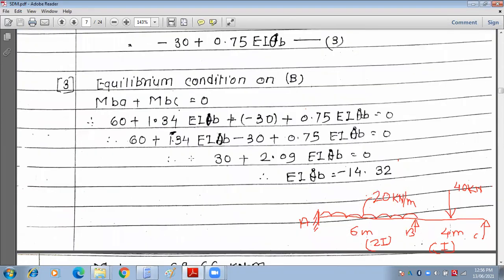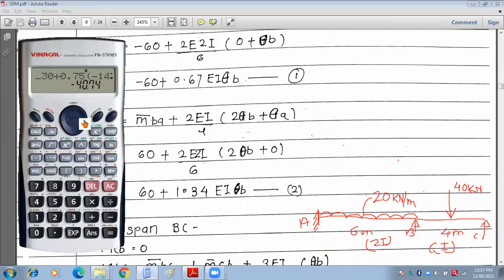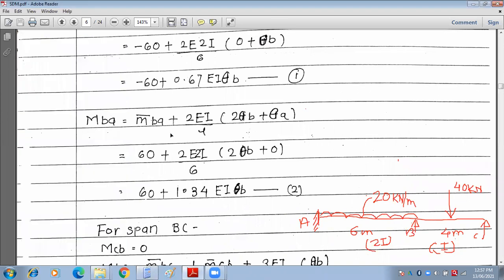Now similarly over here for this term, 60 plus 0.67, this gives minus 69.59.